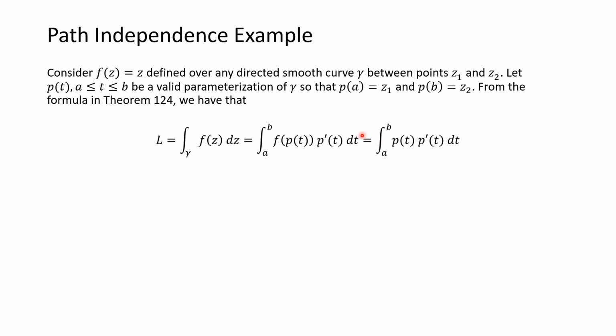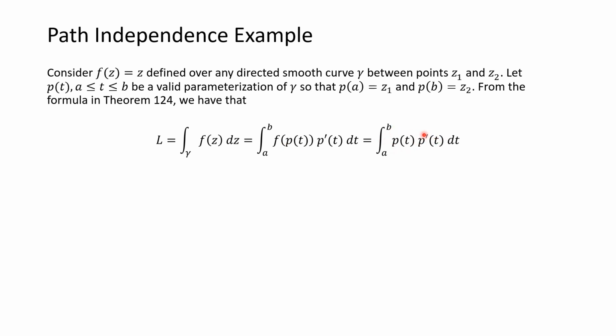So we have our formula from the previous couple of slides where the integral of f of z over gamma equals the real integral from a to b of f of p of t times the derivative of p of t. And we know that since f of z is just z, f of p of t is just p of t.